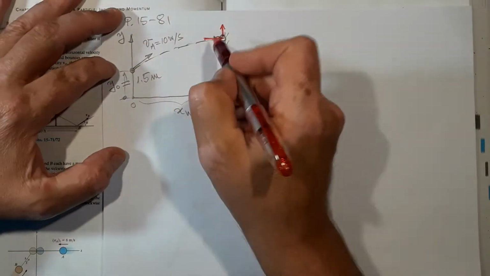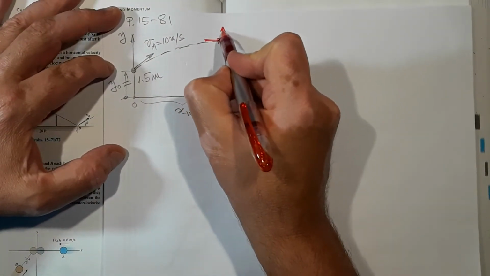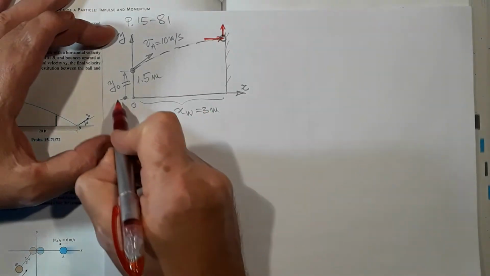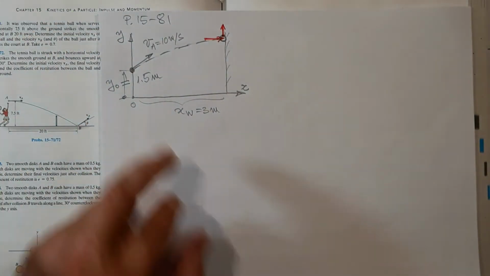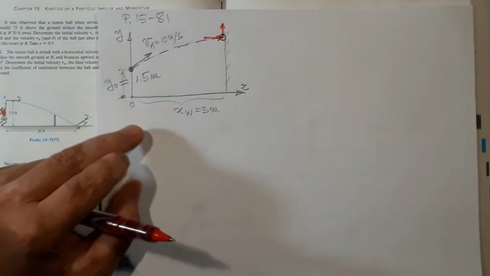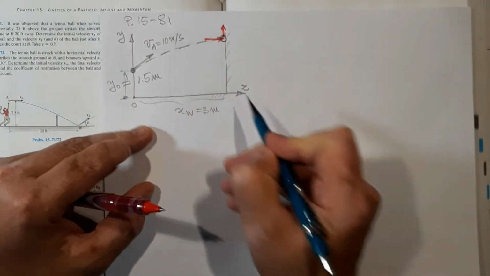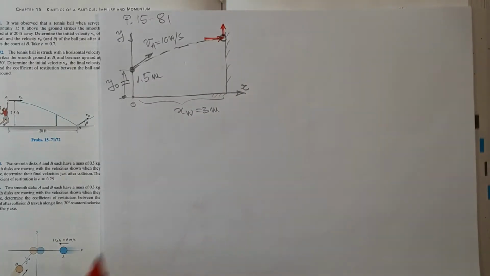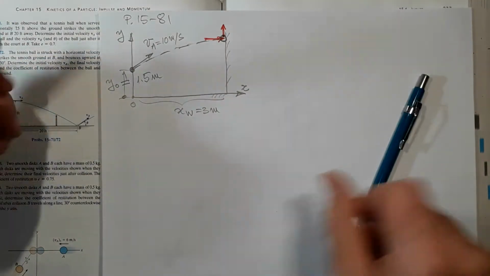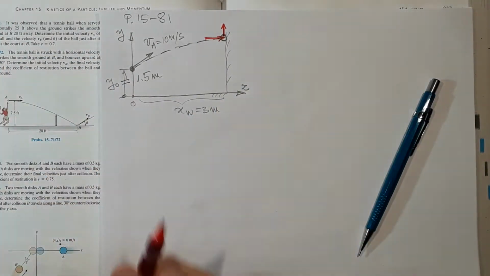And with those as initial conditions, we want to find where the ball goes and gets back to the ground level. I chose a reference frame with X, the horizontal axis, at ground level, and the origin where the person is.